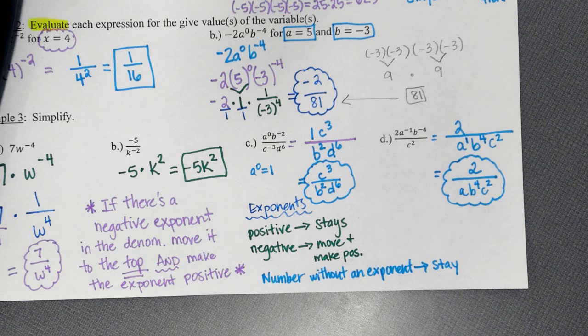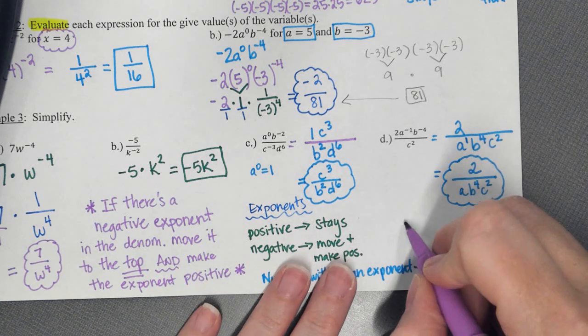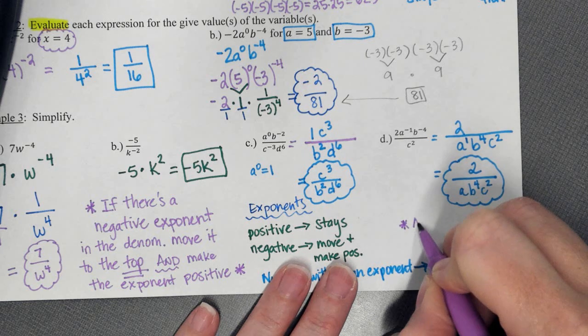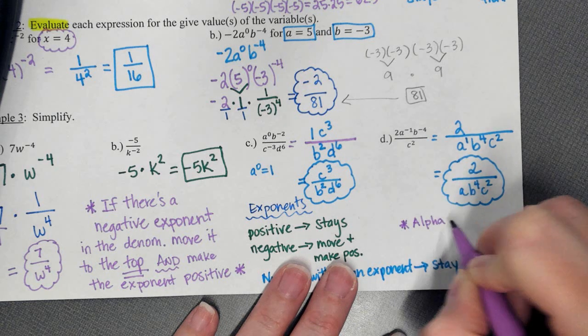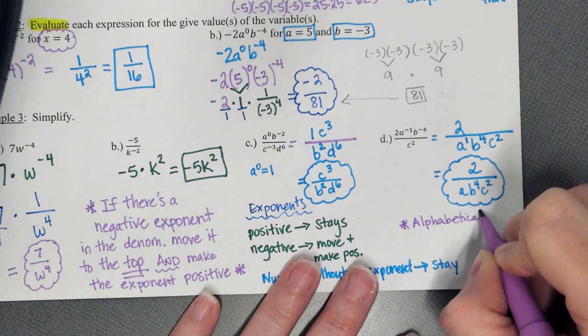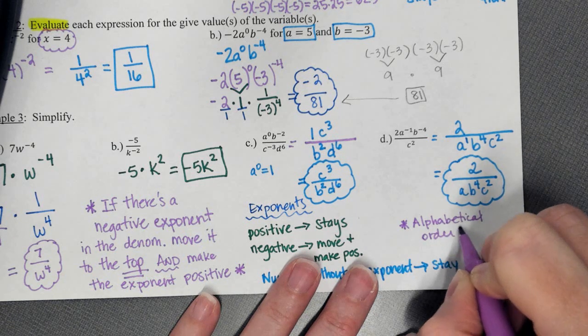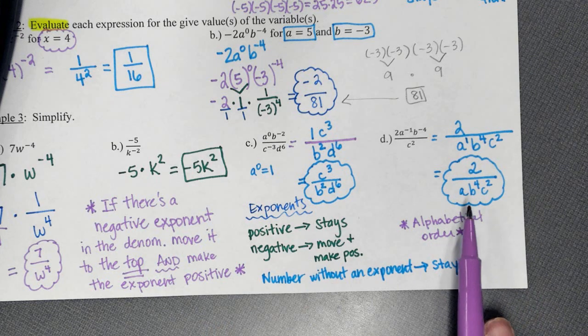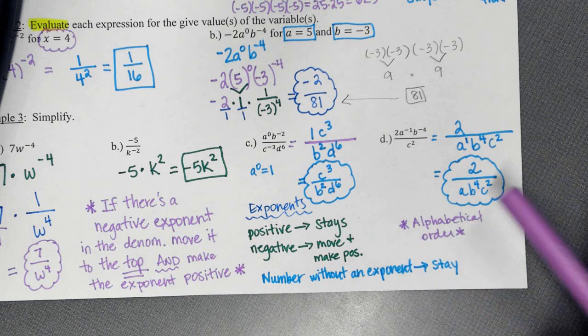Okay? And then we're going to do the alphabetical order. Okay, so your variables, see how they're in ABC order? Okay, that's how your answers are going to be given for that. Okay?